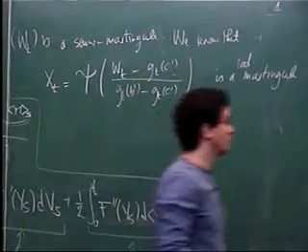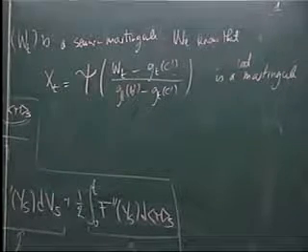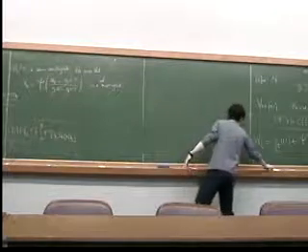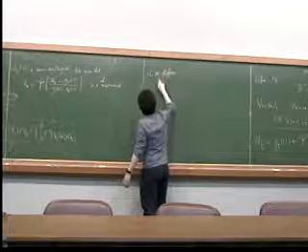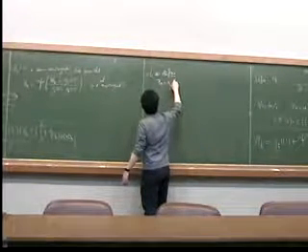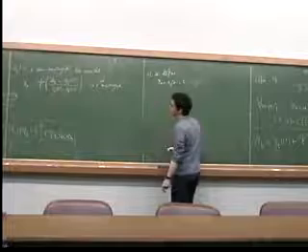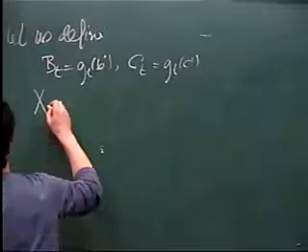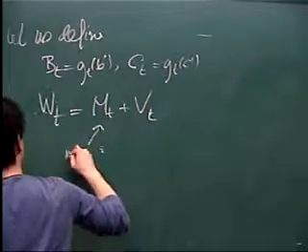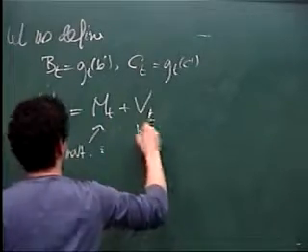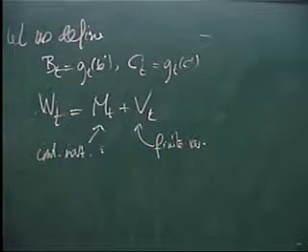So let us define, just for convenience, bt to be gt of B prime, ct to be gt of C prime, and decide that Wt is mt plus Vt, where this is a continuous martingale and this is a continuous process with finite variation.